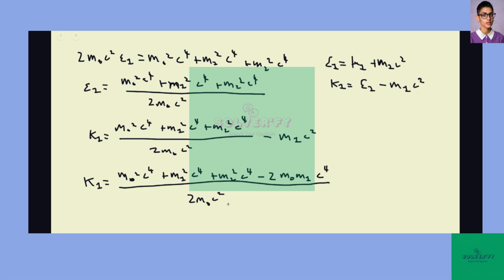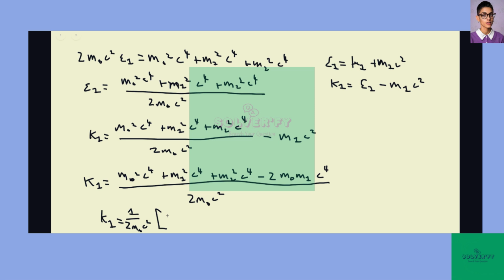So now I would normally pull out a C squared and put this all in combined mass terms, but in order to have it in terms of what we need for the problem, K1 is equal to 1 over 2 M0 C squared times, now if you look, here I'll just do it slowly, I'll put this in a form that's going to make sense.